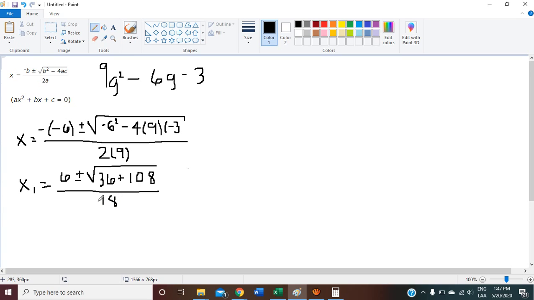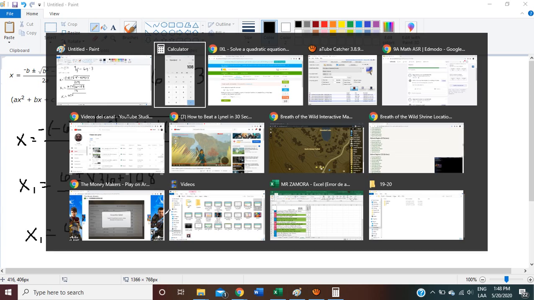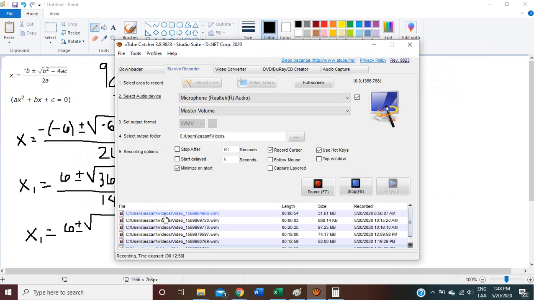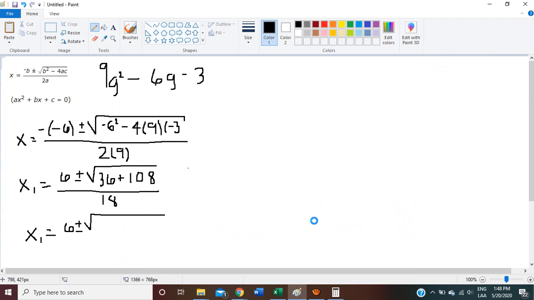All right, so the next step is x1 equals 6 plus minus the square root of, and let me check that I am still, yeah. And this, I can do the operation right here.